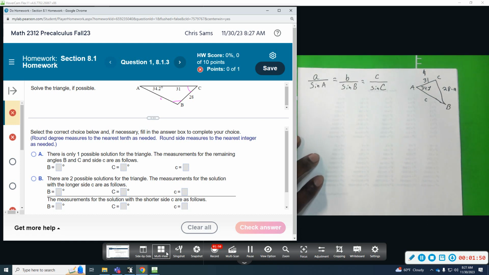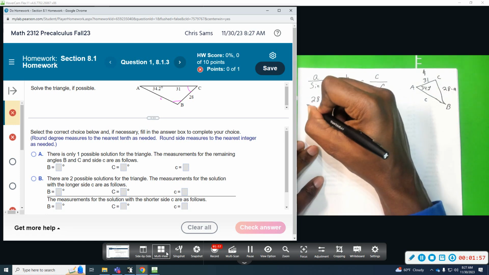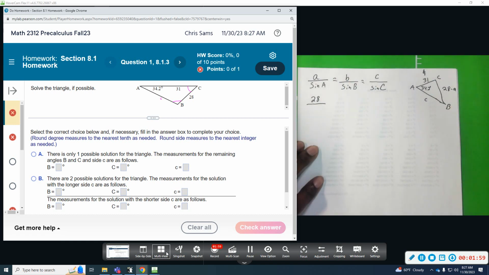So side A is 28 over sine of angle A, which is going to be sine of 34.2.